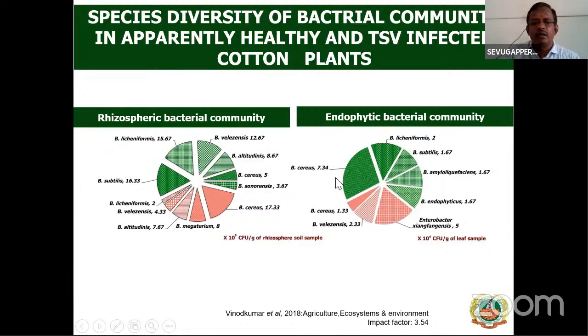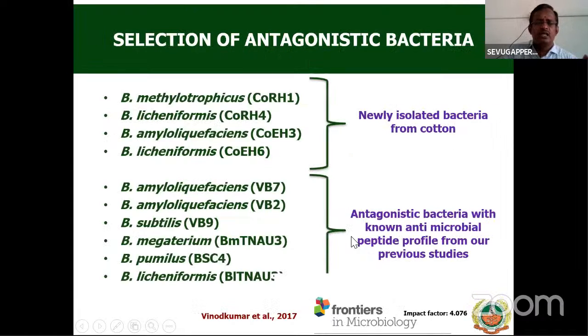The green colored ones are the bacteria Bacillus cereus, licheniformis, subtilis, amyloliquefaciens, and endophyticus. All these green colored bacteria were isolated from the healthy or resistant genotypes, and these others were isolated from the infected plant: Bacillus cereus, velezensis, and Enterobacter. Here, the diversity profile is found to be very high in the healthy plant and the resistant genotype, which plays a vital role in suppressing the expression pattern of the viral infection.